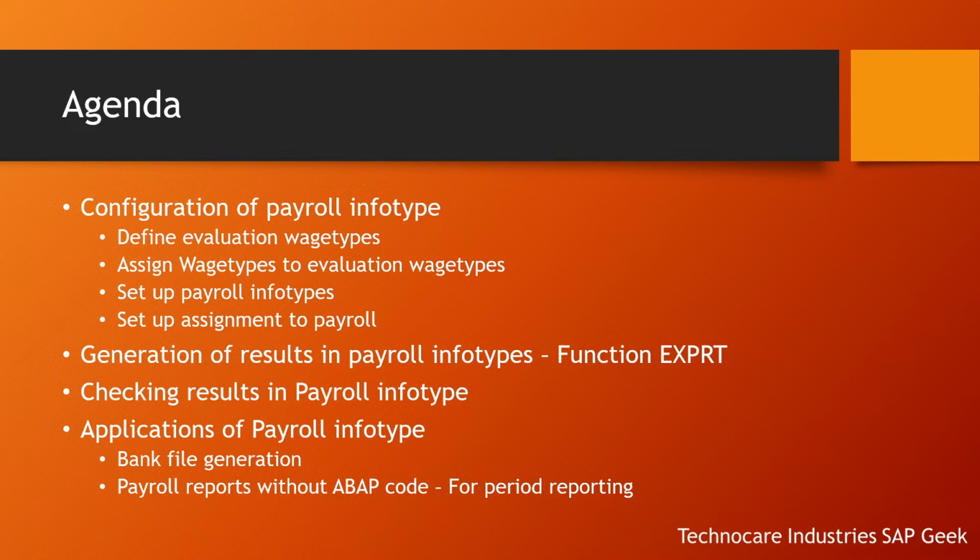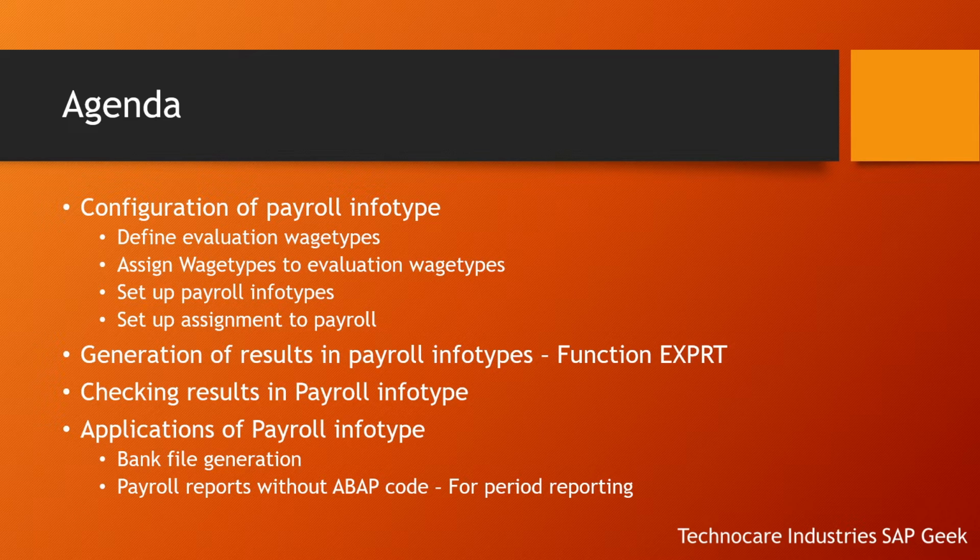But what if, for bank file generation, we need the wage type /559, which is nothing but your bank payment, or you can also put logic on /560, which is the net pay. What if that net pay is directly available in one of the database tables along with the period?